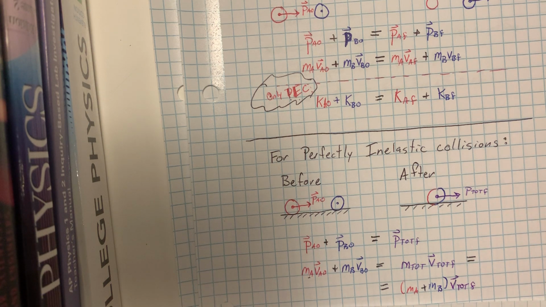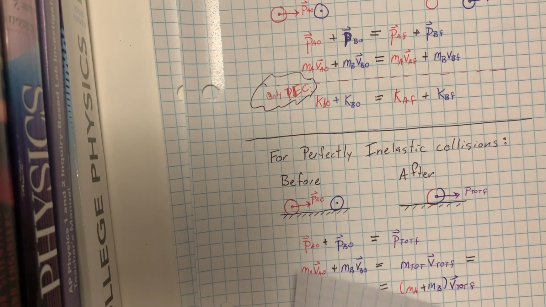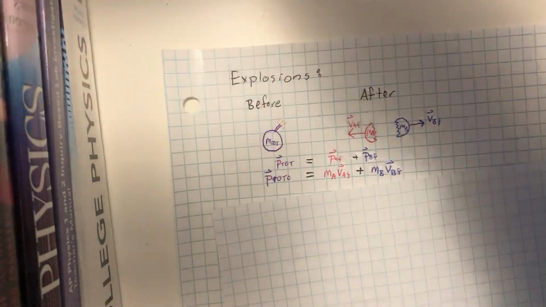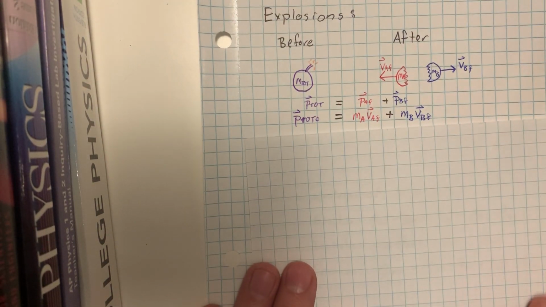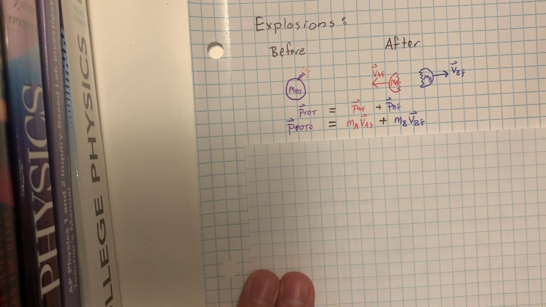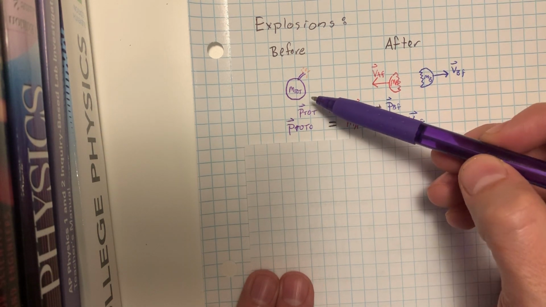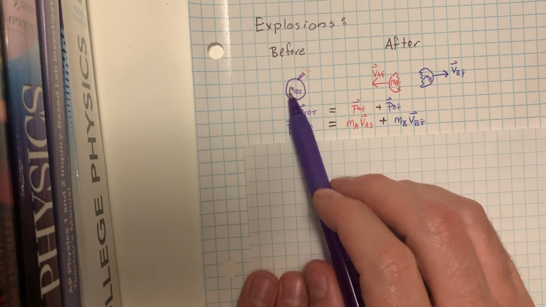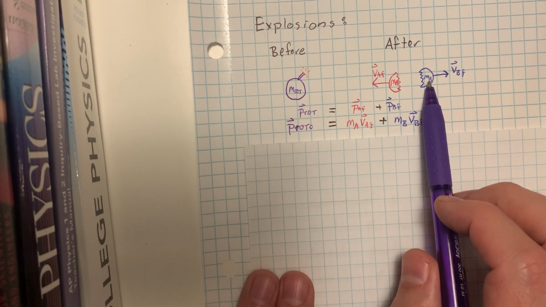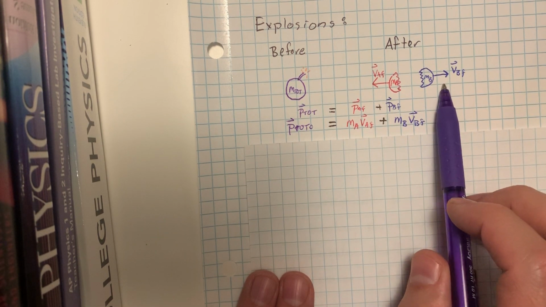Now, we've got one last one, and that's explosions. For explosions, it works the same way. M total is going to be the total mass of the bomb, and then it breaks up into two different masses heading in different directions.